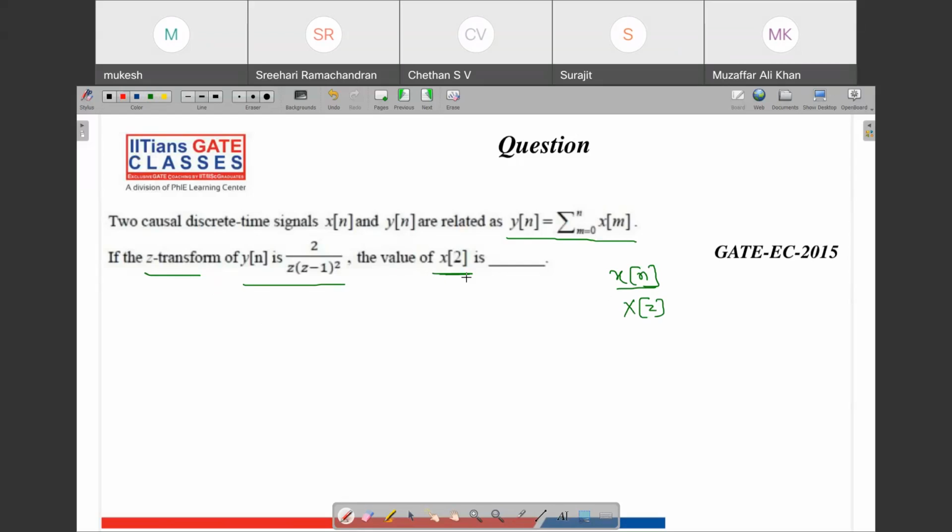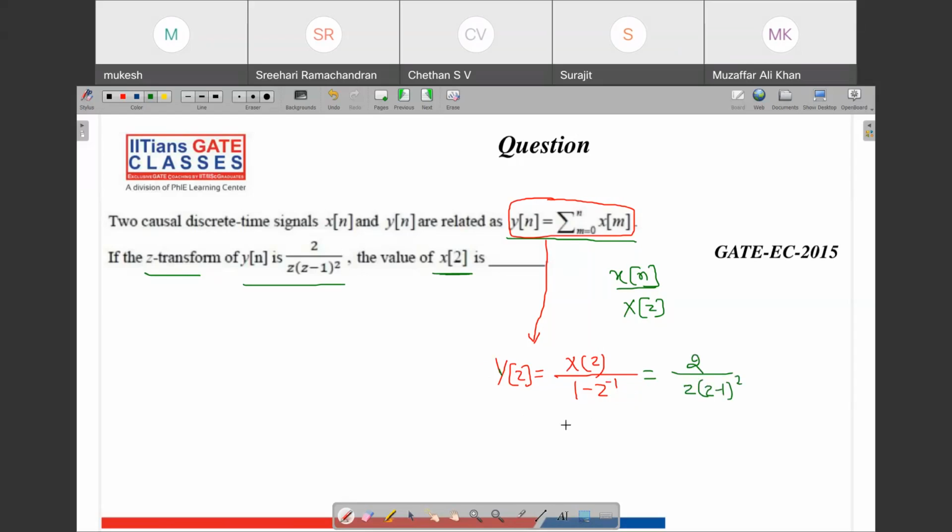Now here, we can use the accumulation property. When you take this expression and take the Z transform on both sides, it will be equal to y of z on the left, and on the right side you'll get x of z divided by 1 minus z inverse. This is the accumulation property I have used. Now y of z is given, and it is equal to 2 by (z minus 1) square.